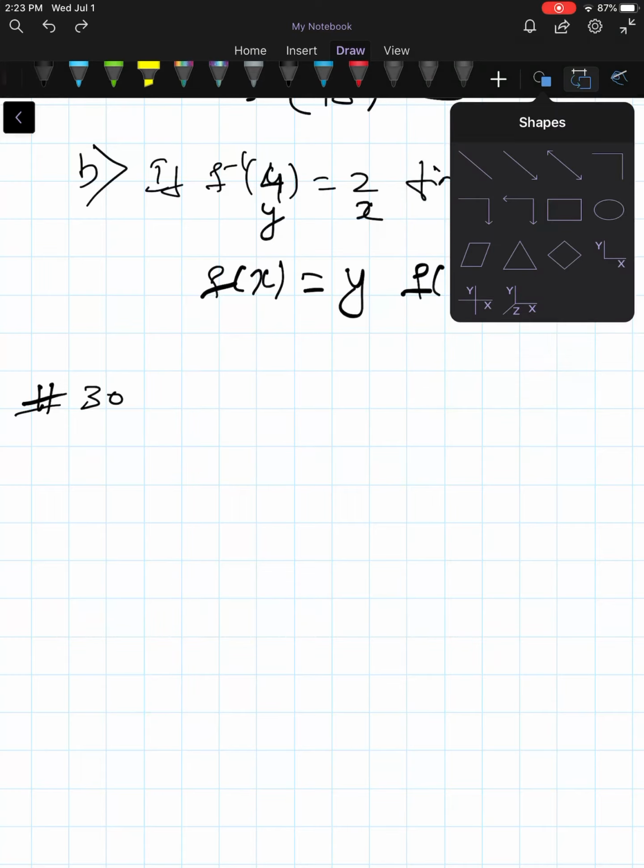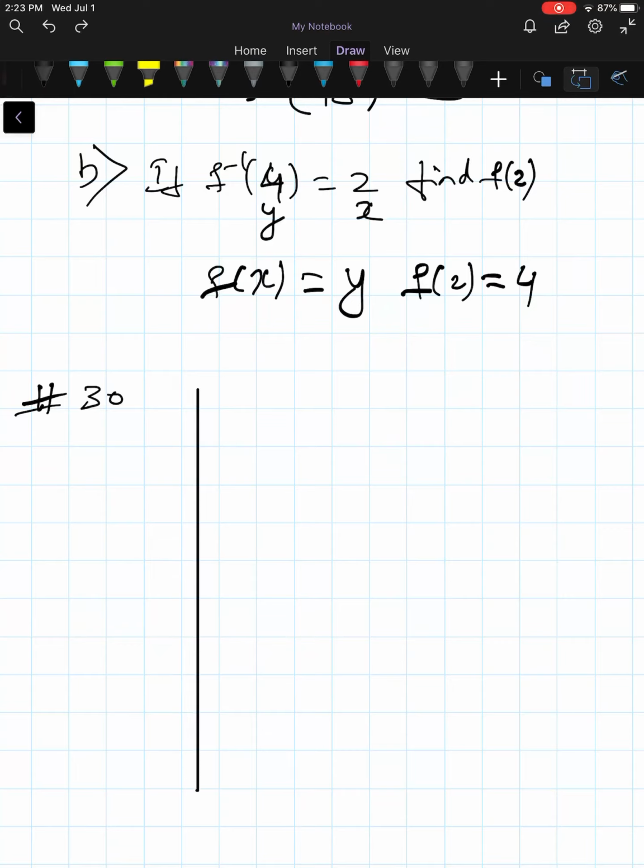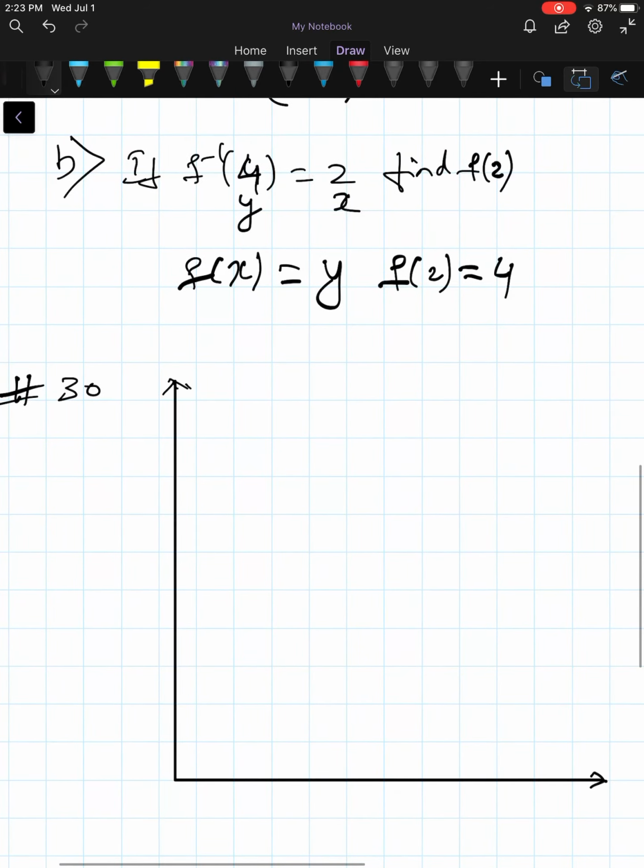Okay, so this is our y-axis and this is our x-axis and this is the origin. So we have 1, 2, 3, 4, 5, 6, 7, 8, 9, 10, and 1, 2, 3, 4, 5, 6, 7, 8.